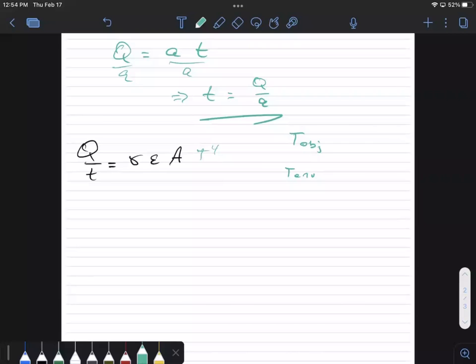And so certainly what would go here instead of just T to the fourth should be something like a difference in temperature. But the problem is I have two ways of doing this. I could either call it delta T raised to the fourth power, which would be the temperature of the object minus the temperature of the environment, raised to the fourth power. You get the difference in temperature and then you raise it to the fourth power.